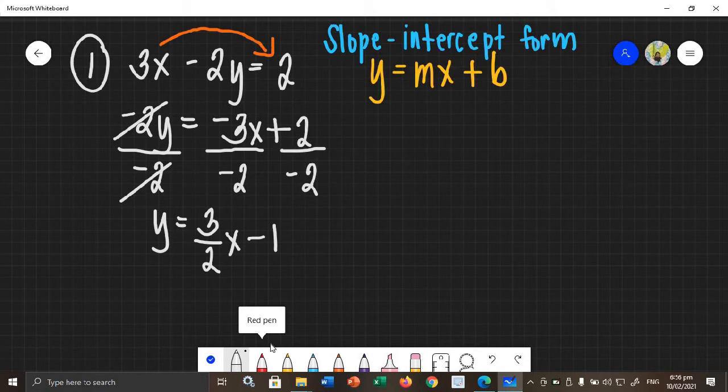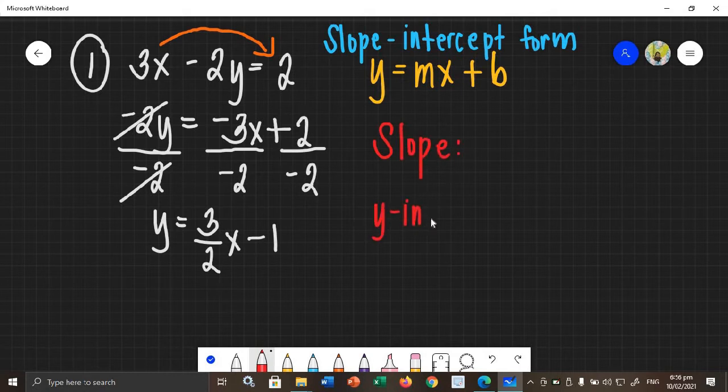Right after we have changed it into slope-intercept form, we need to list down the value of the slope and y-intercept. The y-intercept needs to be written in ordered pair form. Okay? The slope is the variable m. In other words, the coefficient of x is our slope.